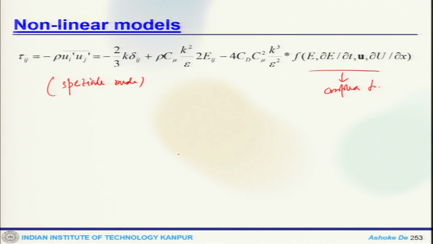These are relatively new. Another advancement that has taken place is the development of hybrid models, which use both RANS plus LES.